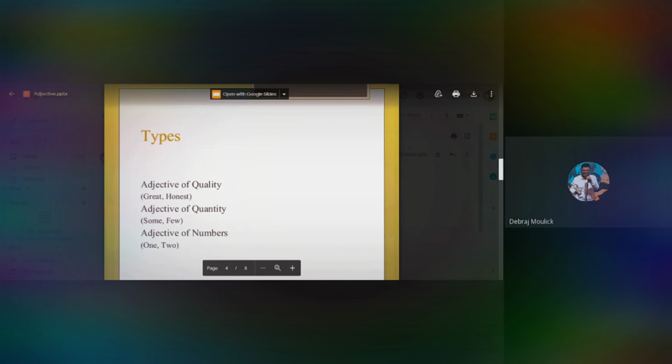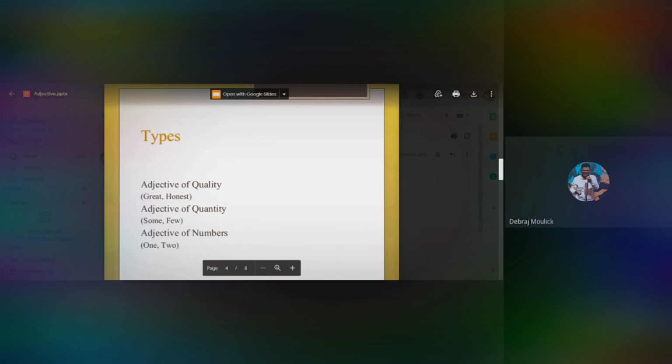Now, adjective of quantity and adjective of numbers are really close to each other, right? So basically, numbers is very definite, and adjective of quantity is indefinite, but both refer to a certain kind of quantity. Okay. So here it goes.